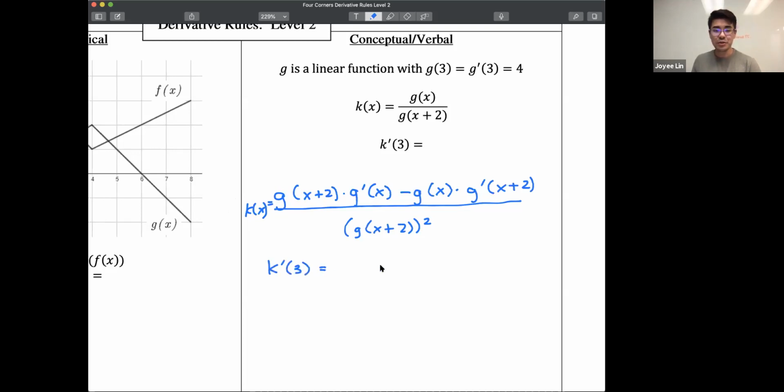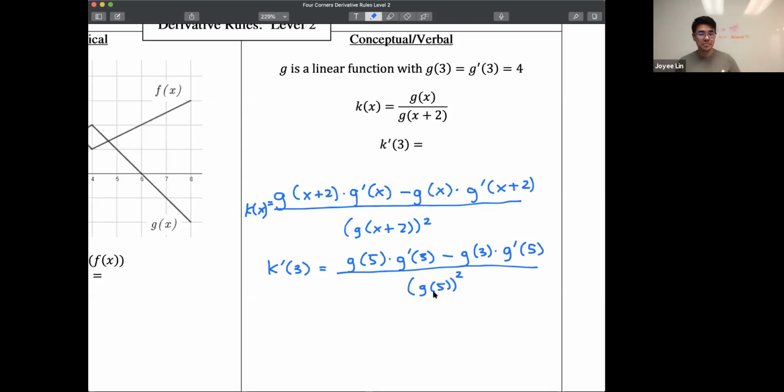I'll even plug in the 3 for you. We get g of 5, g prime of 3, minus g of 3, g prime of 5, all over g of 5 squared. This is another one where they make you think like you're missing something.